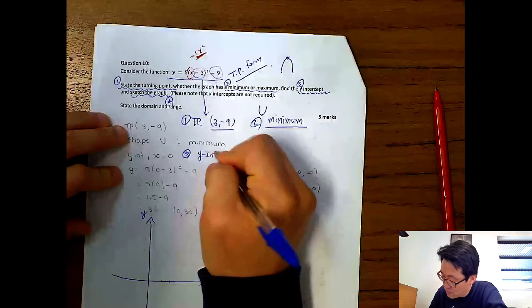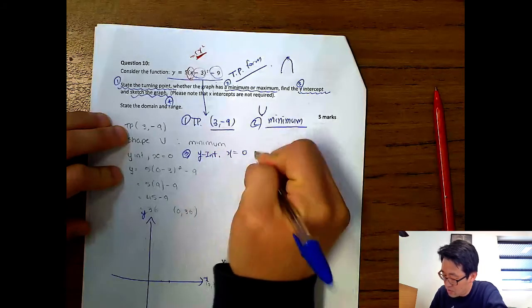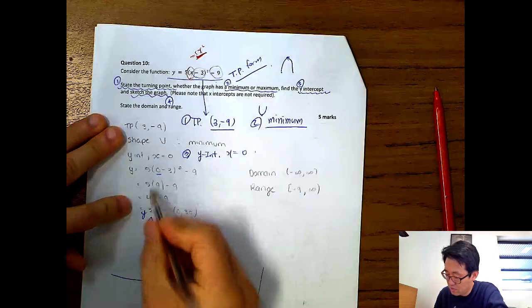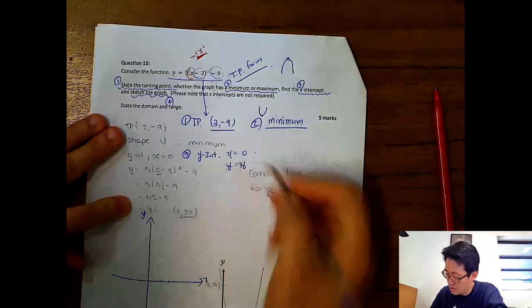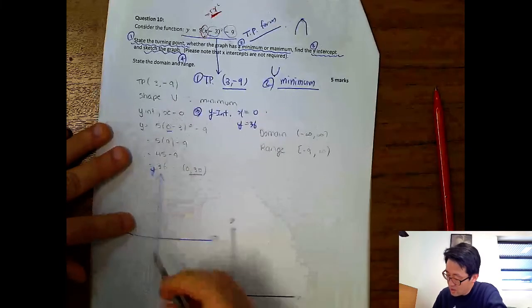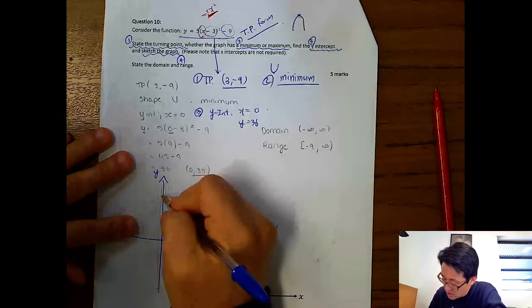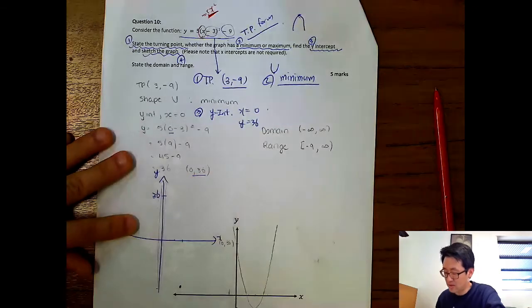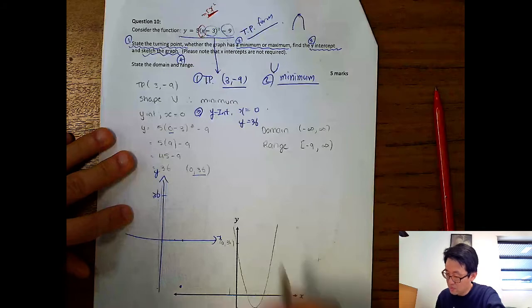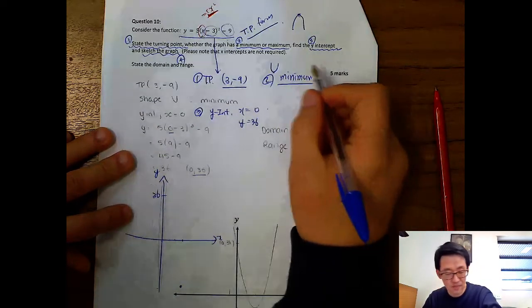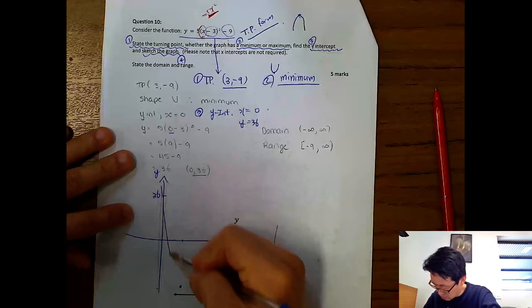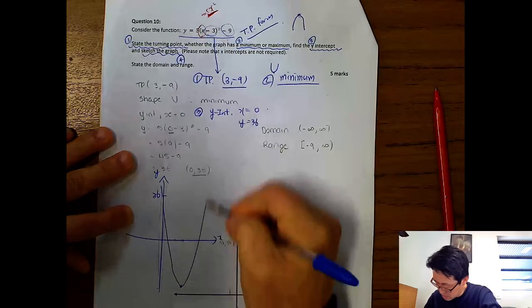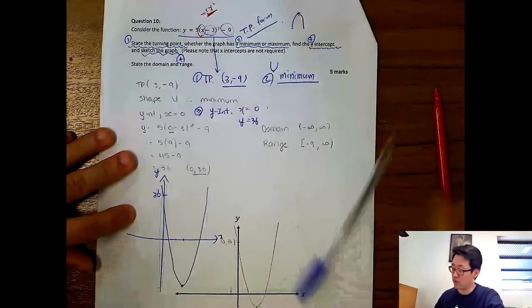And 3, y-intercept is when x equals 0. So when x equals 0, calculate it, we got 36, y equals 36. So the y-intercept is 36, here. They didn't ask for the x-intercept, so I actually don't know, but I know this will be something like this, roughly.